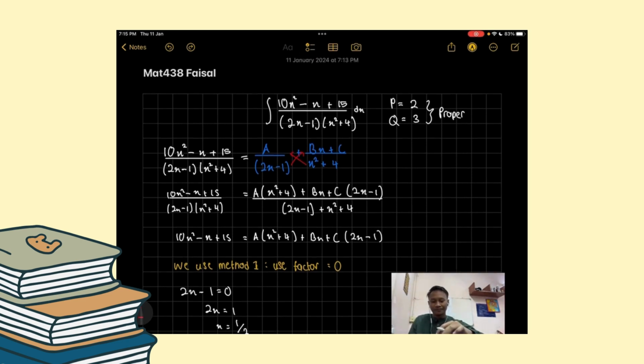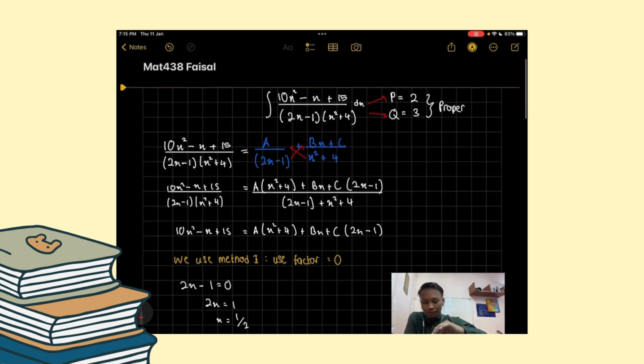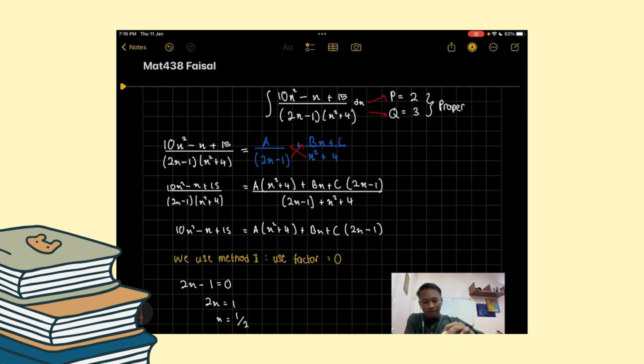The numerator is p equal to 2 and the denominator q equal to 3. As we can see, this question is proper because p is less than q.